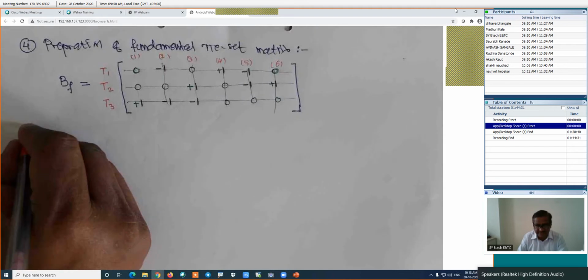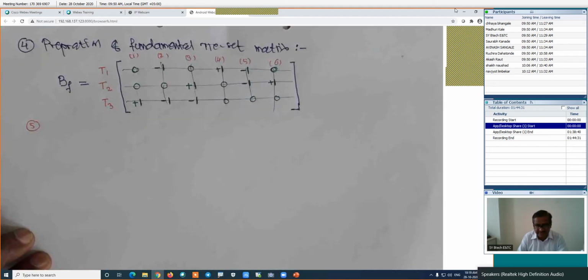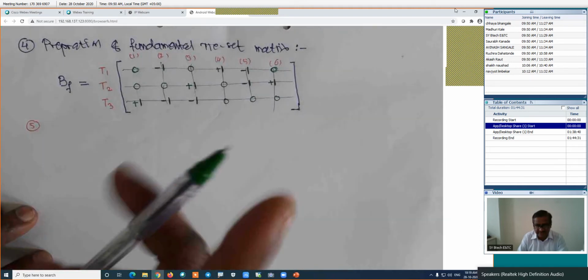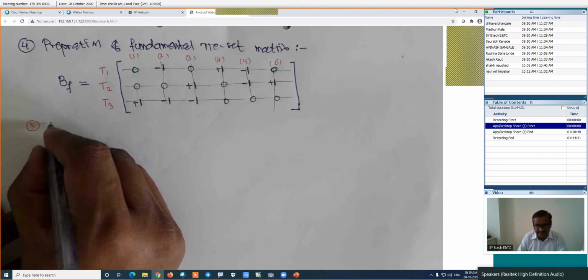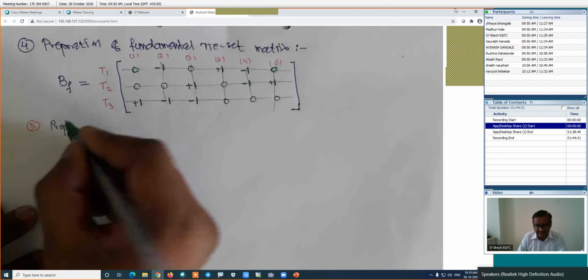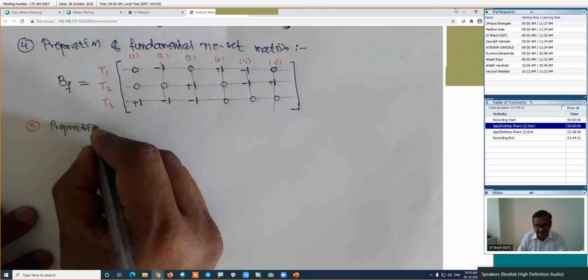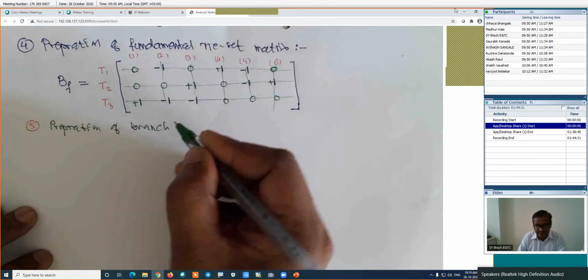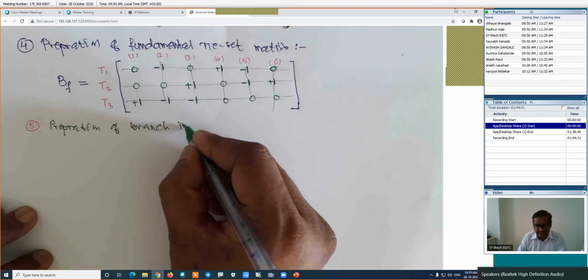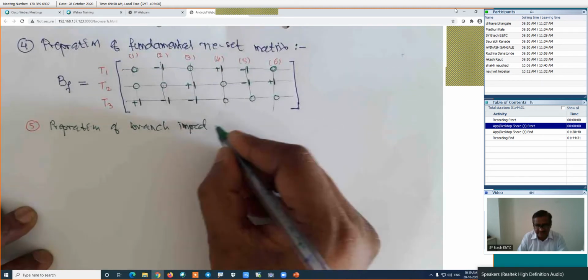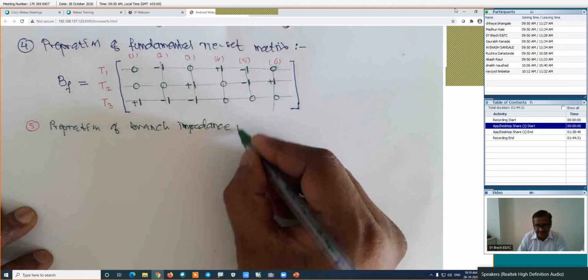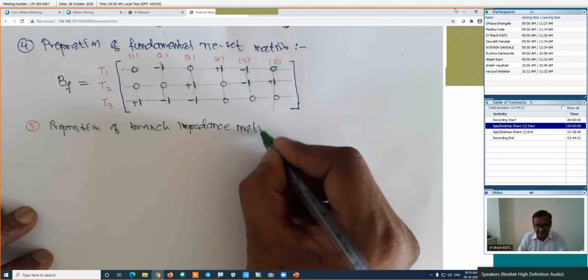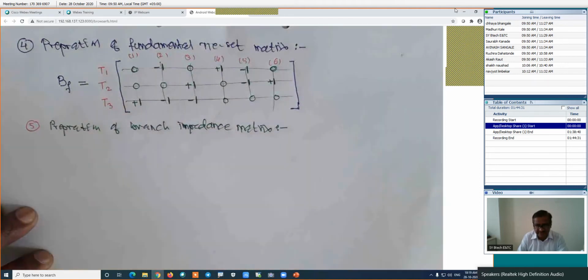Here, this is step number 5: preparation of the branch impedance matrix.